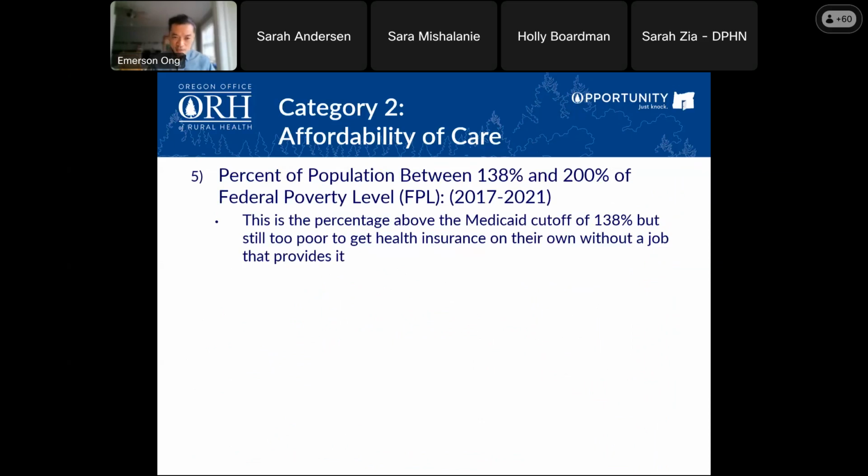Fifth variable, the one for affordability, is the percent of population between 138 and 200% of the federal poverty level. 138% is the cutoff to get Medicaid, so this measures the number of people above that but under 200%, who are still too poor to get health insurance on their own unless they get it through their job.